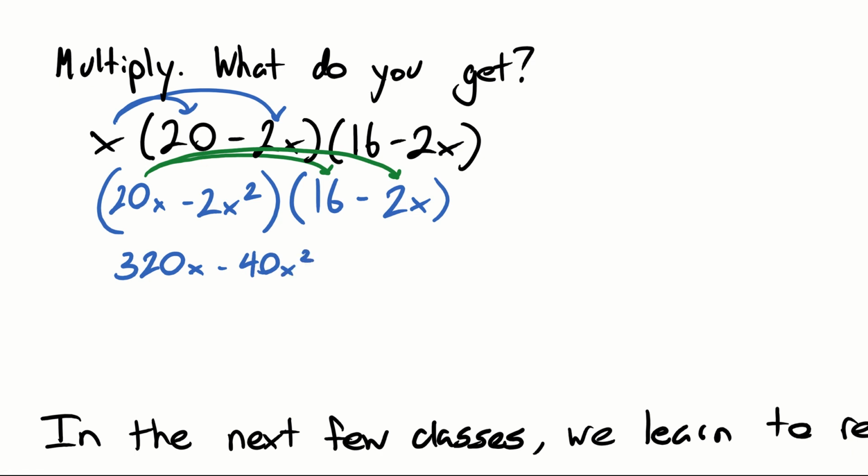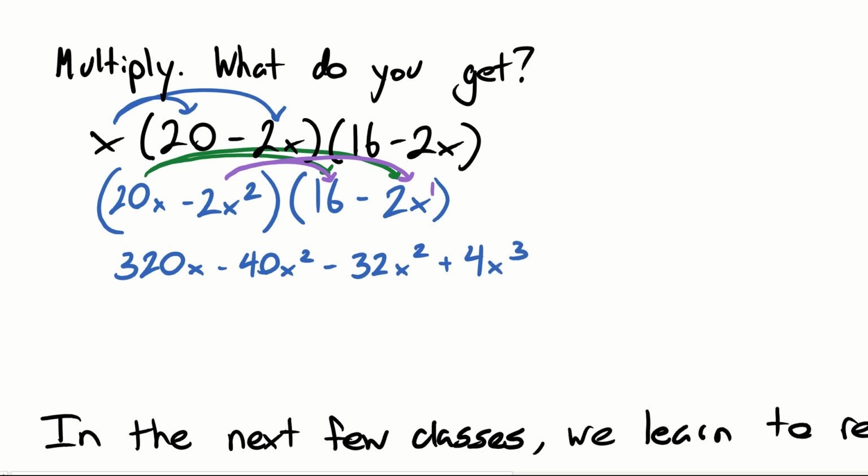Okay, good. Now negative 2x squared times 16. Well, that would be negative 32x squared. And finally, negative 2x squared times negative 2x. Well, negative 2 times negative 2 is positive 4, and x squared times x to the first power is x to the third power.